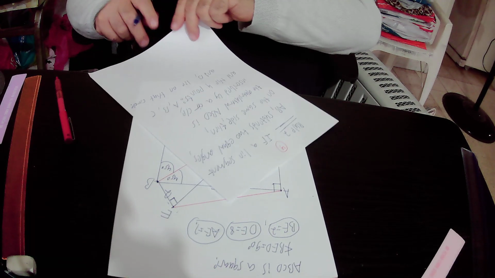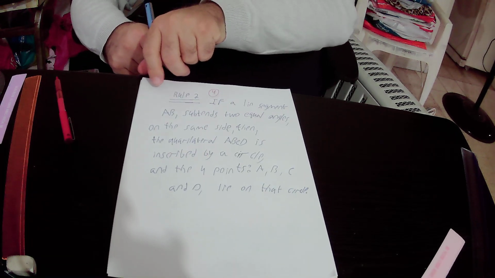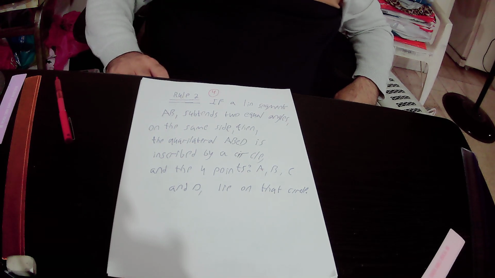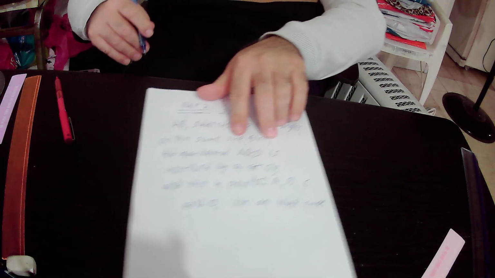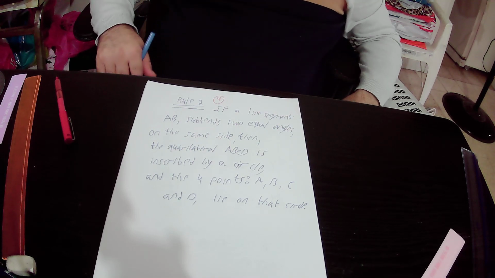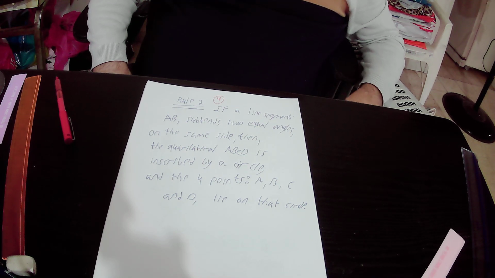Well, I will read rule number 2 again. Rule number 2 states that if a line segment AB subtends two equal angles on the same side, then the quadrilateral ABCD is inscribed by a circle, and the 4 points A, B, C, and D lie on that circle.